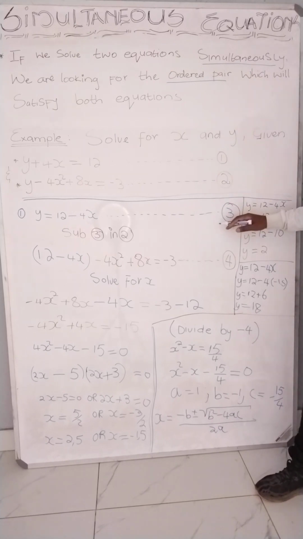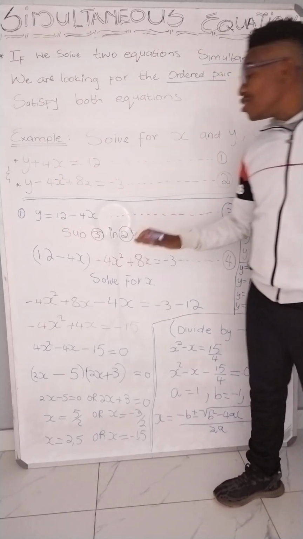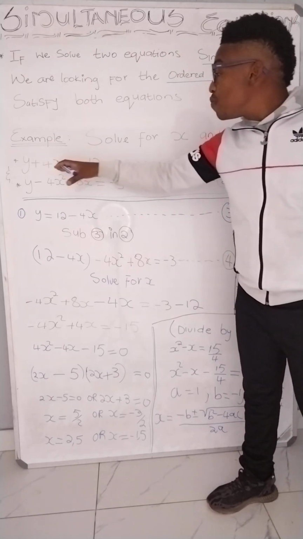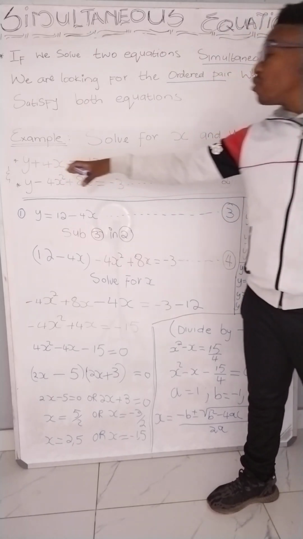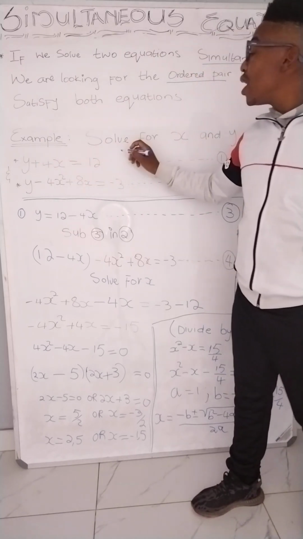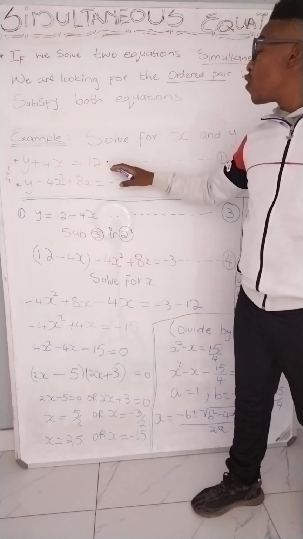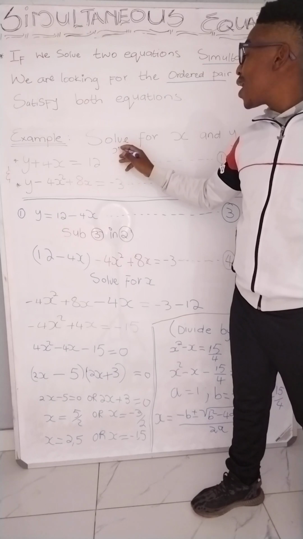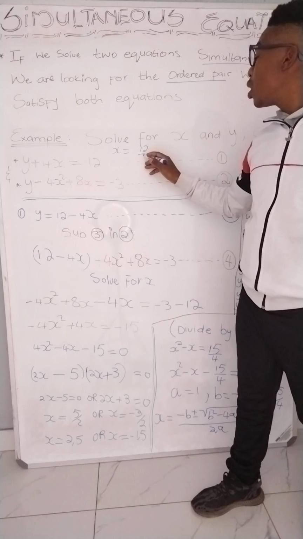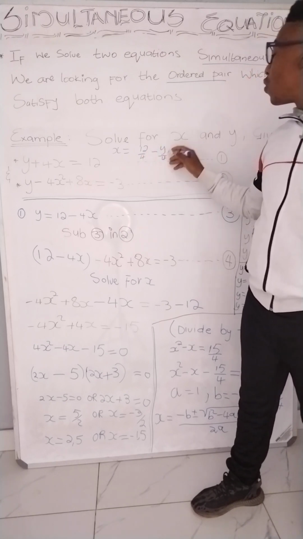When you make equation 3, you're going to make either x or y the subject of the formula. In this case, it's easier to make y the subject of the formula, since if you make x the subject, you're going to have to divide by 4. It is still doable. You can have y coming this side and then divide by 4, but then you have x is equal to 12 over 4 minus y over 4.